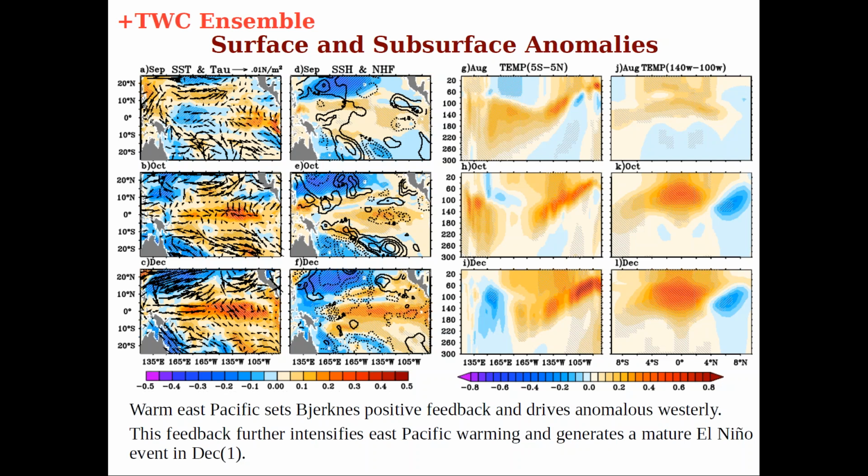This sets up the Bjerknes feedback. The warming induced the westerly wind, which gives a positive feedback to the warming by reducing the upwelling. So this subsurface warming propagates towards the east, giving East Pacific warming. Then because of this Bjerknes feedback, the subsurface warming intensifies more, and it gives a mature El Nino phase for our plus TWC run.